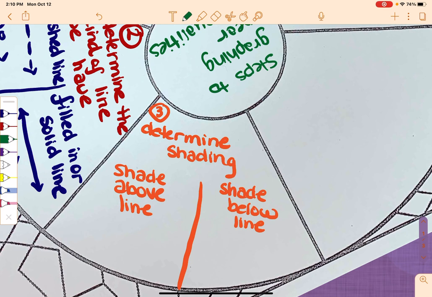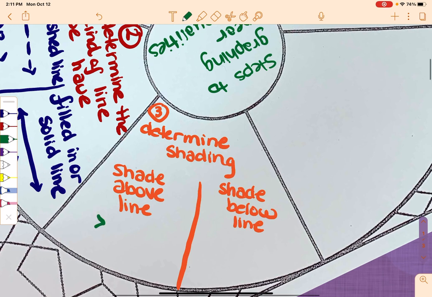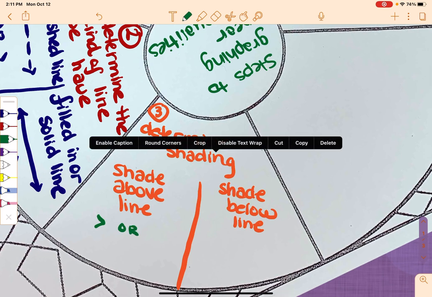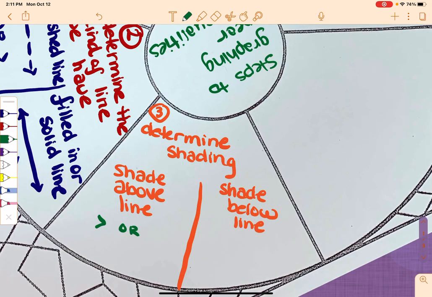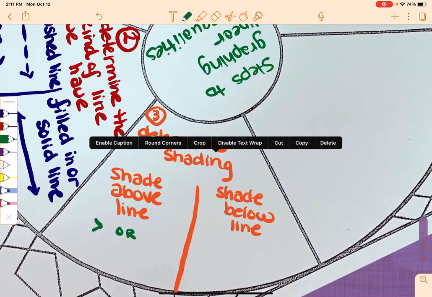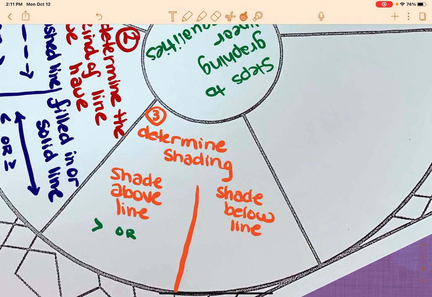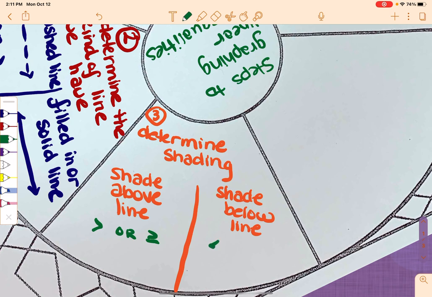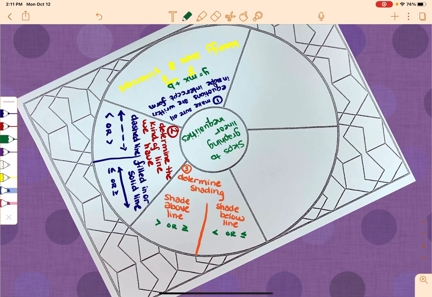So if it's above the line that I'm going to shade, that's because it has to be greater than or equal to. If I'm going to shade below, it's going to be less than or equal to.